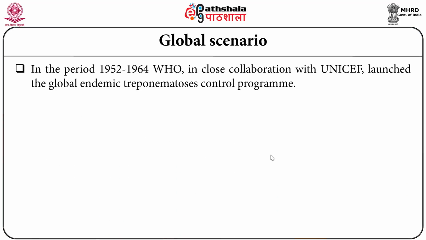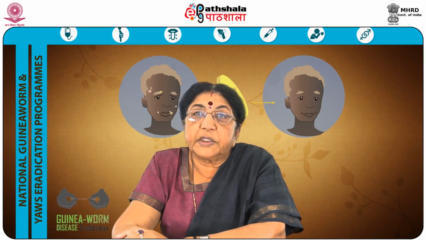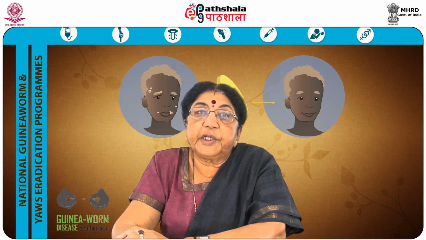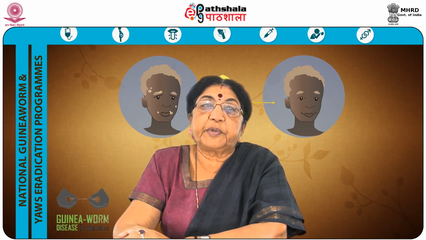In the global scenario, in the period 1950 to 64, WHO, in close collaboration with UNICEF, launched the Global Endemic Treponematosis Control Program. More than 50 million patients were treated in 46 countries, reducing the overall prevalence of these diseases by more than 95%.